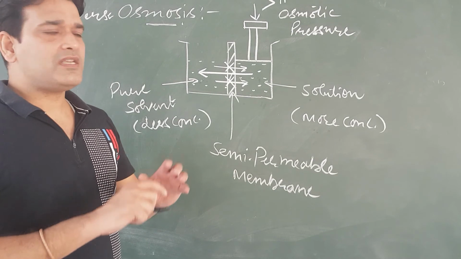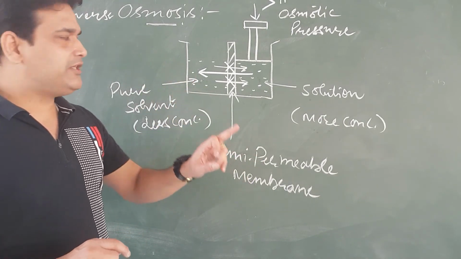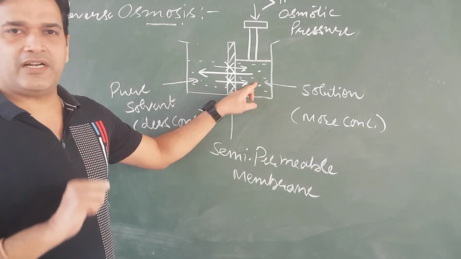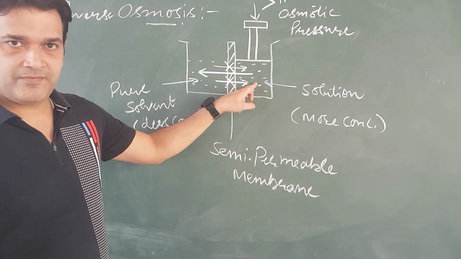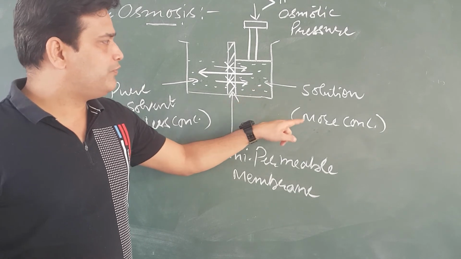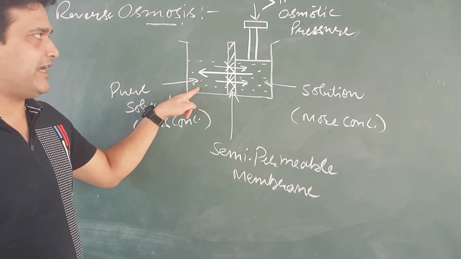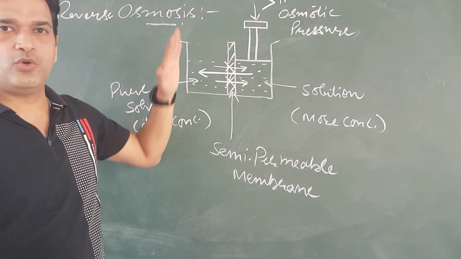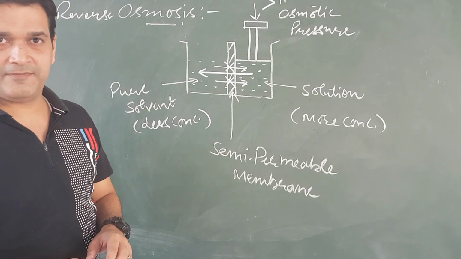So in a nutshell, I would like to say, when solvent molecules move from low concentration to high concentration side, then it is called osmosis. And when solvent molecules move from high concentration to low concentration side by applying some pressure on the solution side, then it is called reverse osmosis.